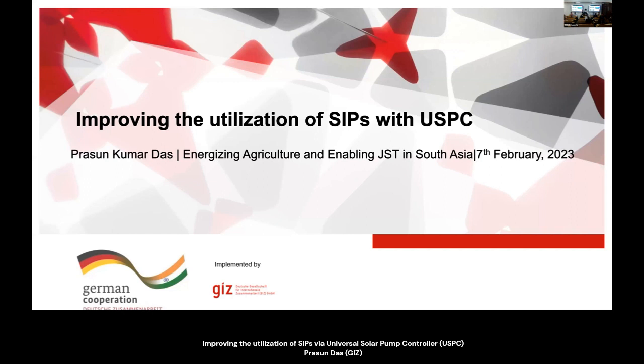Subsidy is not given equally to USPC as of now, but over time this may change, or economies of scale will bring the cost of USPC down. In terms of application, it is much better than a normal controller.